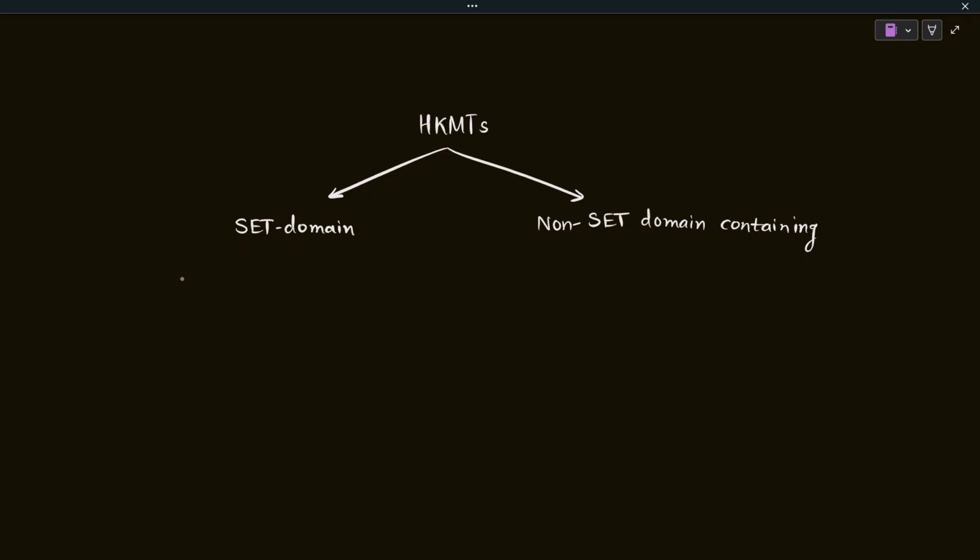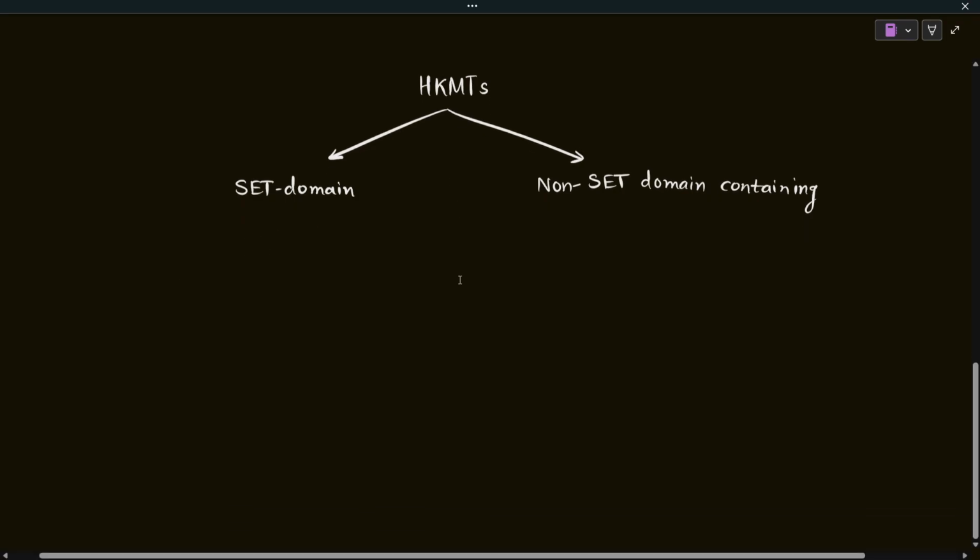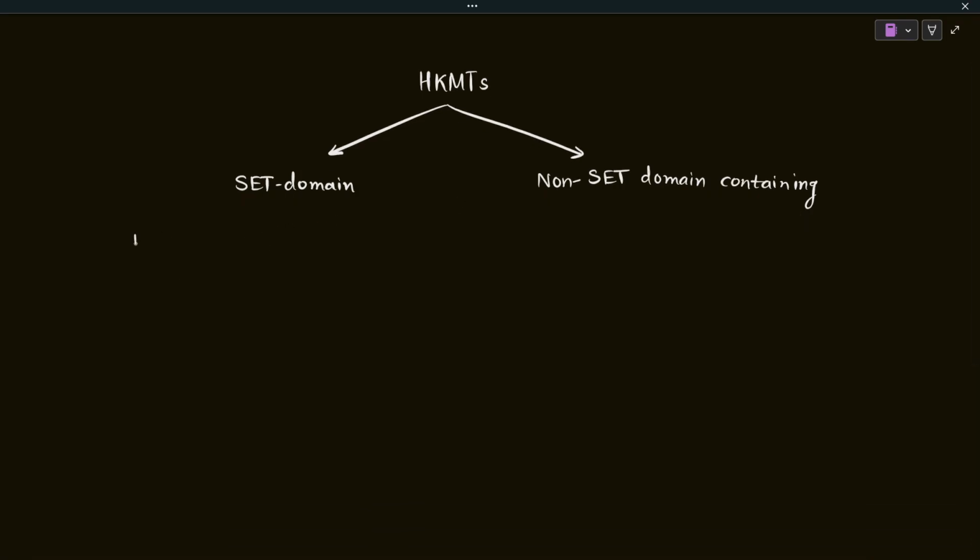Let's take a look at examples of SET domain having HKMTs. We have already discussed all of those enzymes and which methylation marks they add, but let's list them down once. So the enzymes are SUV39H1. The other one is SETDB1. The other one which I briefly mentioned was G9A.